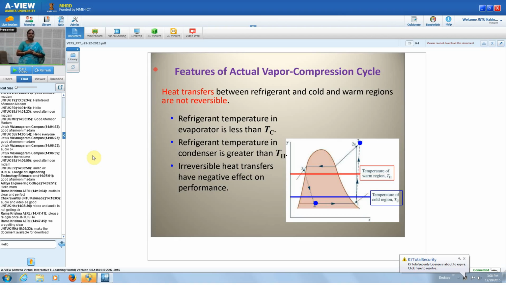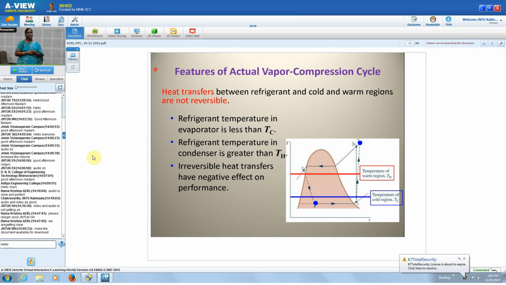What are the main deviations in the compression process? Compression is not isentropic. It may always be polytropic. So we have to consider the isentropic efficiency of the compressor to know the actual discharge temperature.